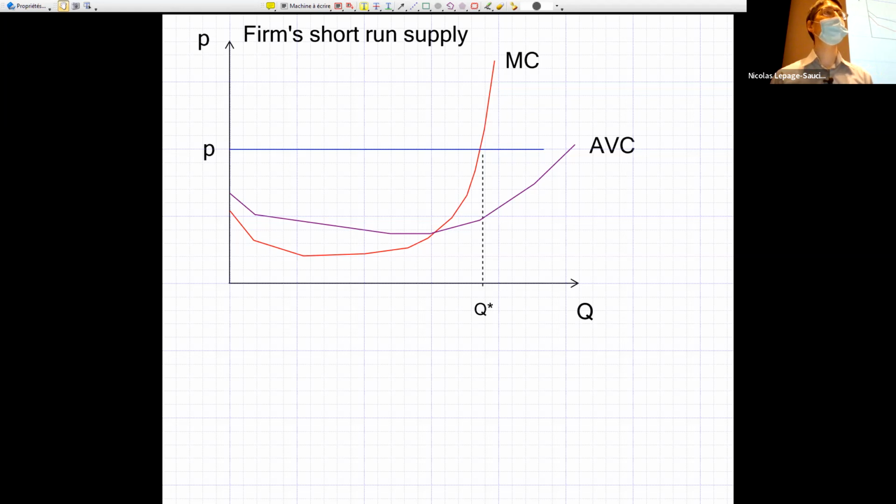So we have seen that at the market level we have market supply and market demand. Market supply is just the aggregation of the market supply of every small firm. And so do you remember what the market supply is? What is the definition of market supply? It's a relation between what and what?